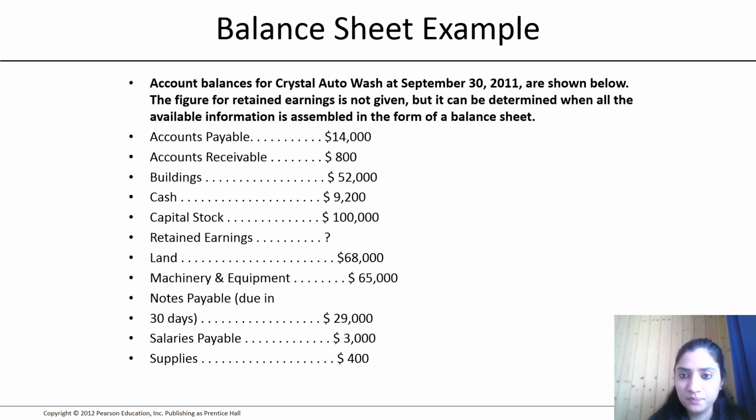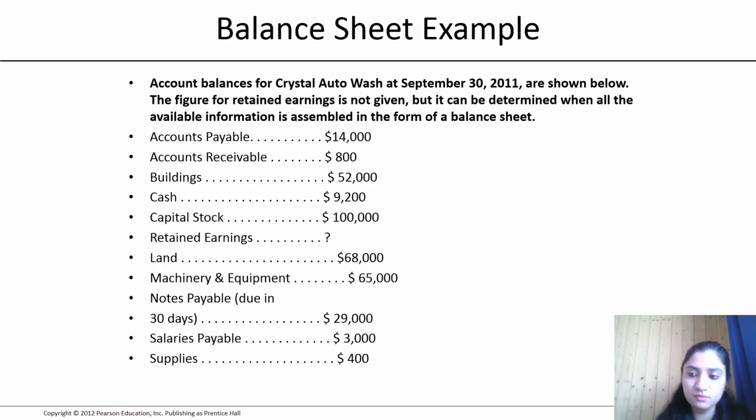Account receivable is an asset that we will get. It's a long-term asset, but it's an asset. Buildings are an asset that we own. Cash is an asset. Capital stock is equity. Machinery and equipment is an asset. Land is an asset. Notes payable is a liability. Salary payable is a liability that we owe.